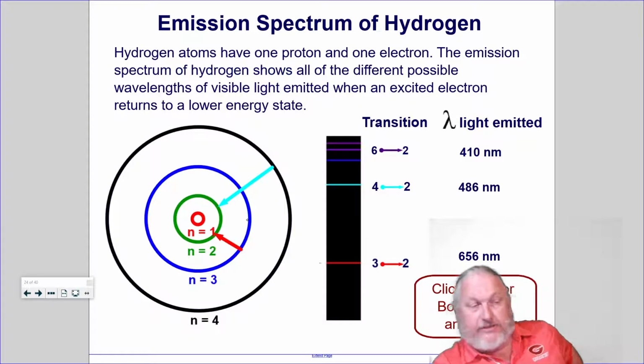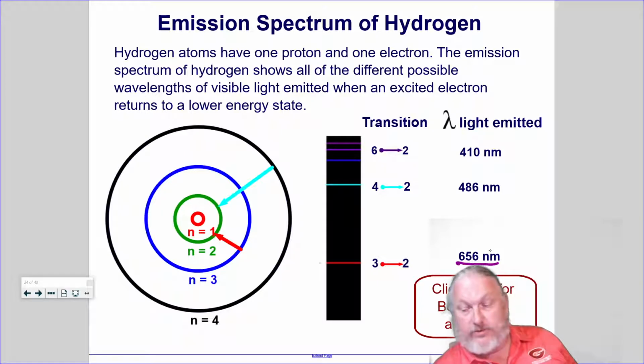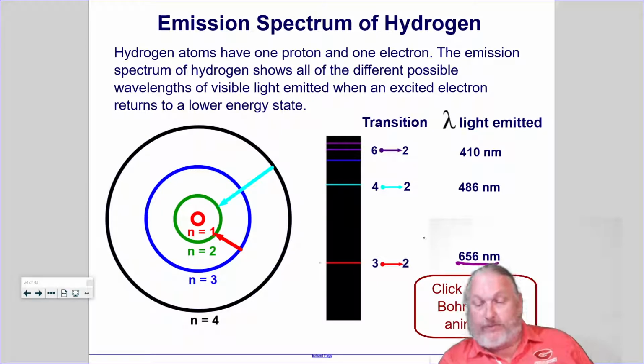Hydrogen atoms are easier to understand because there's only one proton and one electron. So its emission spectrum shows all the different possible wavelengths of visible light that are emitted when the excited electrons return to a lower energy state. Here we have this one going down from energy level 3 to energy level 2, and we get 656 nanometers, or red on the spectra.